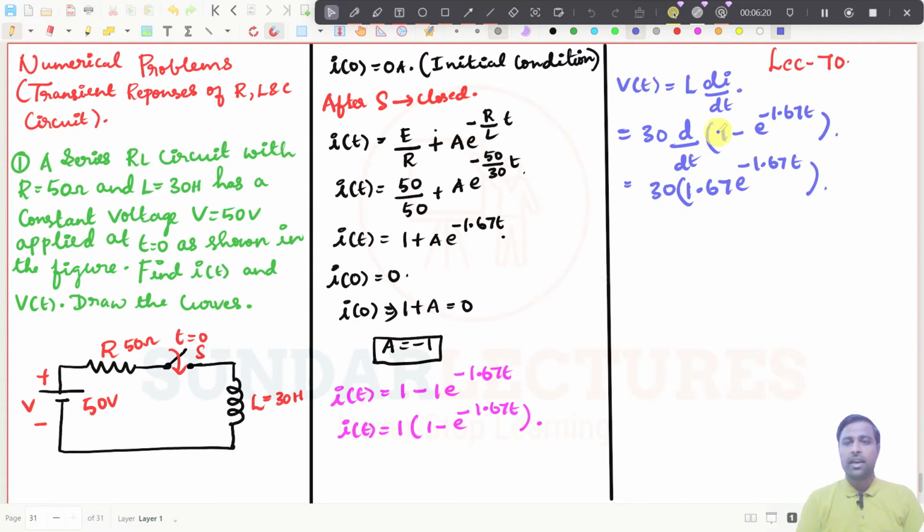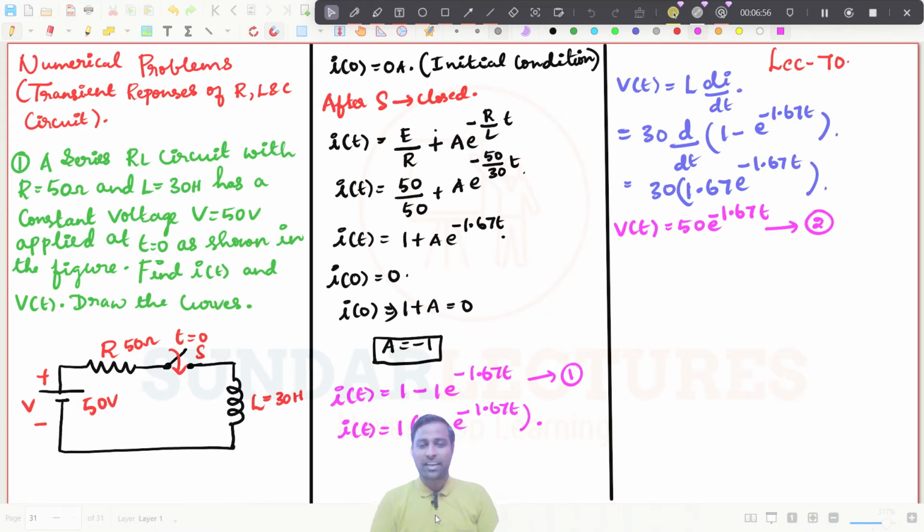If you further simplify this, V of t will be equal to 50 e power minus 1.67 t. So this is the V of t expression. Make it expression number 2, and this is expression number 1. So this is the I of t and the V of t expression, and it is very simple. It is not a very big thing to understand.